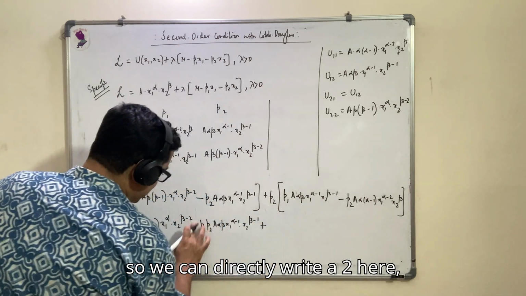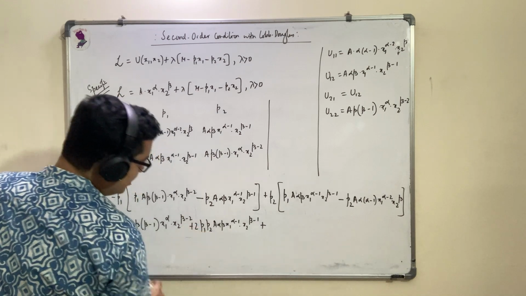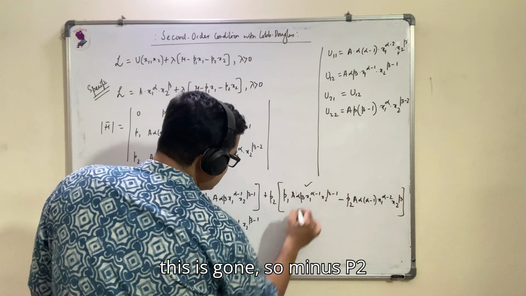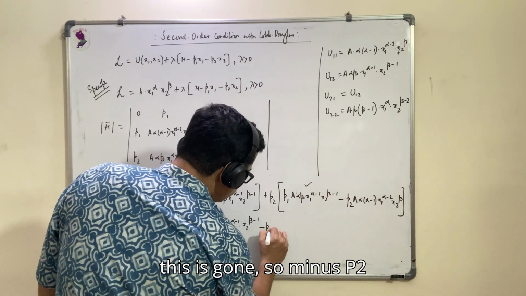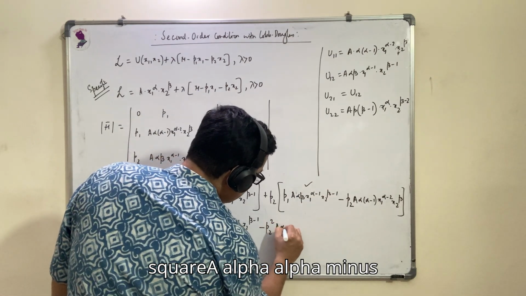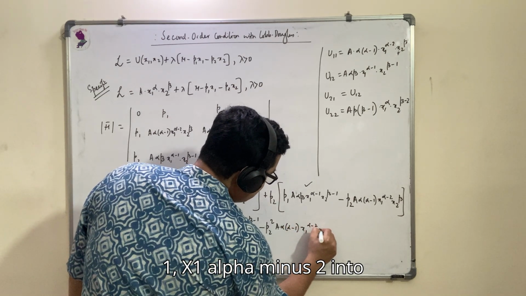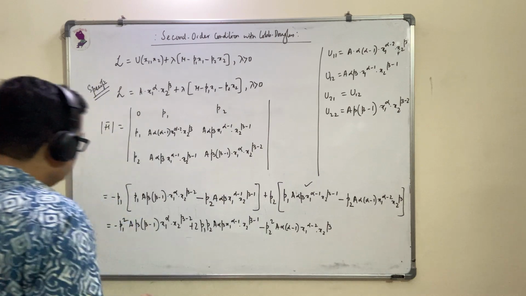So we can directly write a 2 here, which is the exact same term. Then this is gone, so minus P2 square A alpha minus 1 x1 to the power alpha minus 2 into x2 to the power beta.